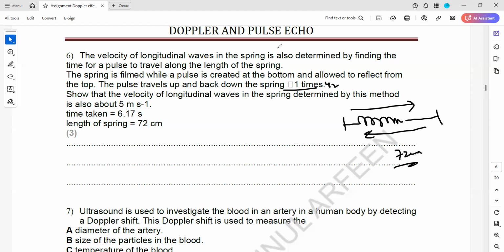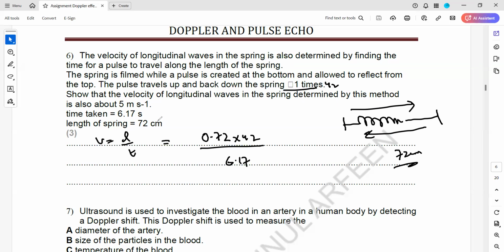Like for example, 0.72 centimeter is the distance, multiplied by 42, because it goes 42 times, and the total time is 6.17. You use the formula that speed is distance divided by time.